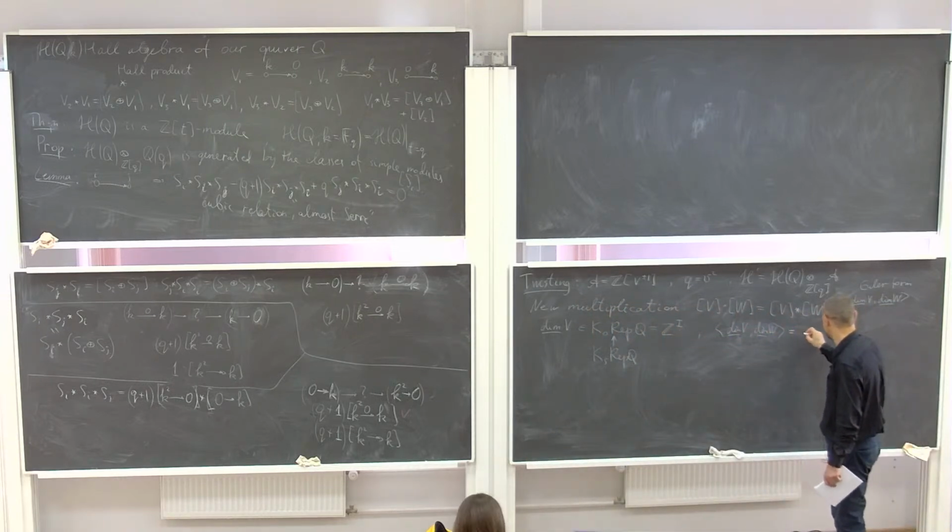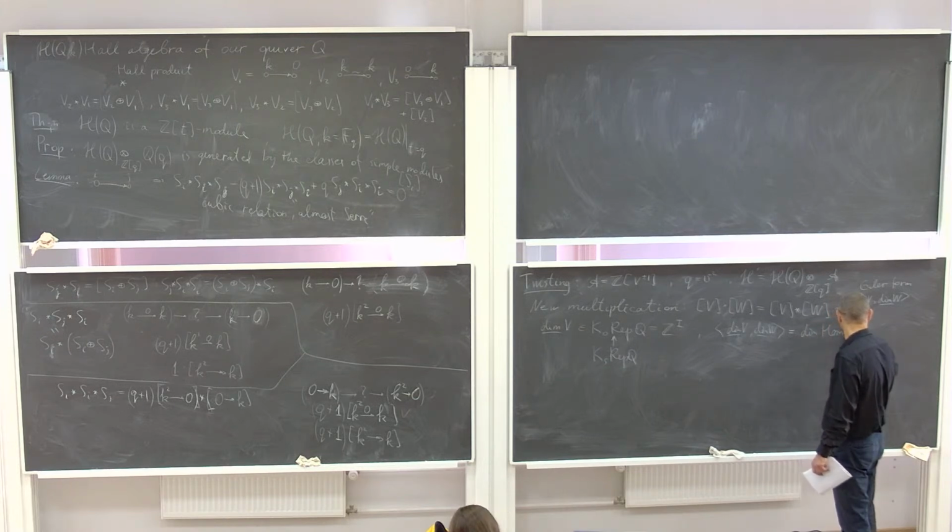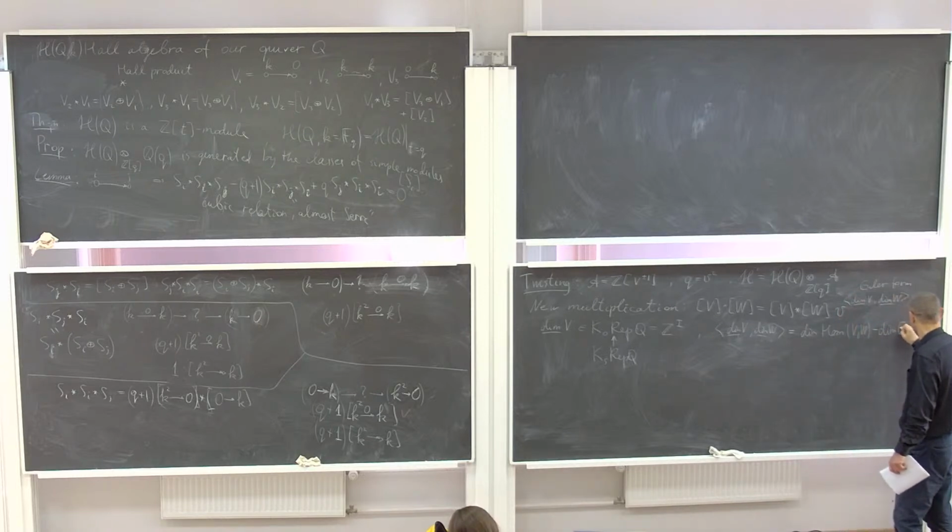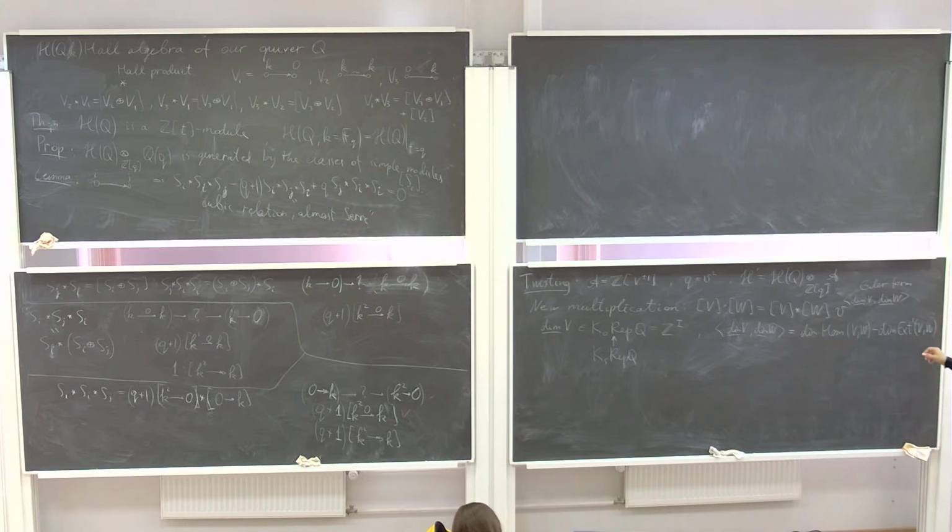So this is just the dimension of Hom from V to W minus the dimension of Ext1 from V to W, and there are no higher Ext. So this is just the Euler characteristic of Homs. And that's why it's called Euler form.